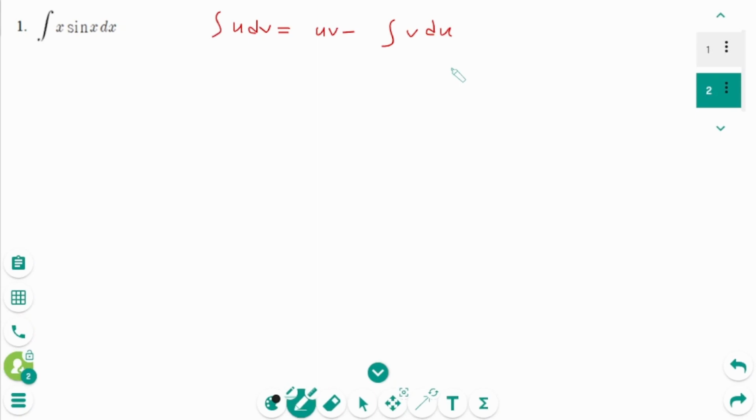So let u equal x and dv equal sin x dx. Differentiate each side, du equals dx.